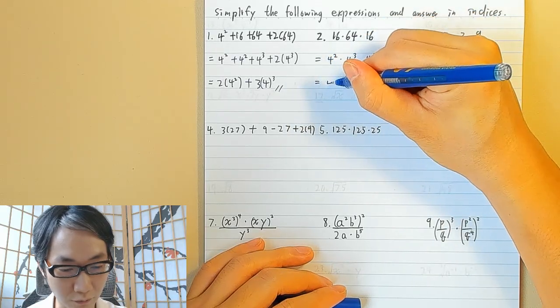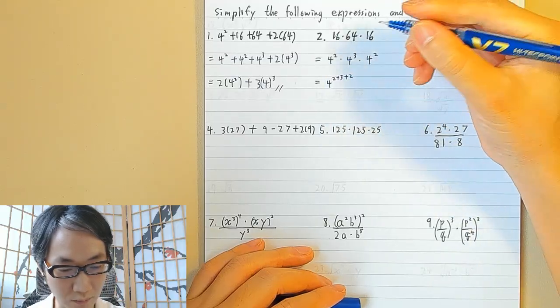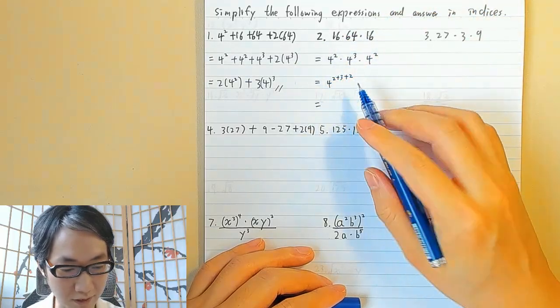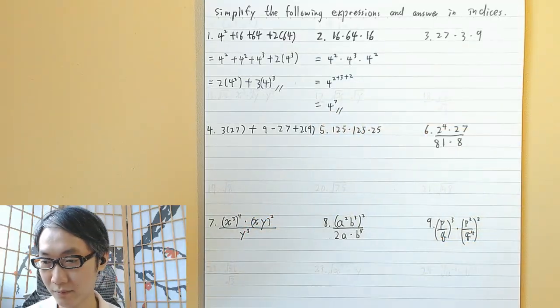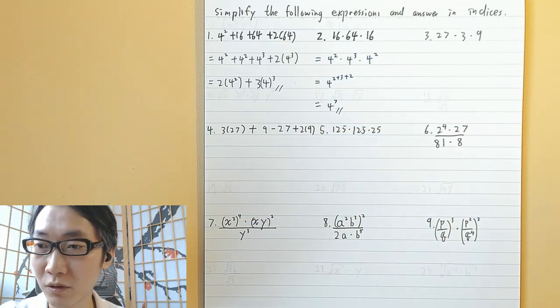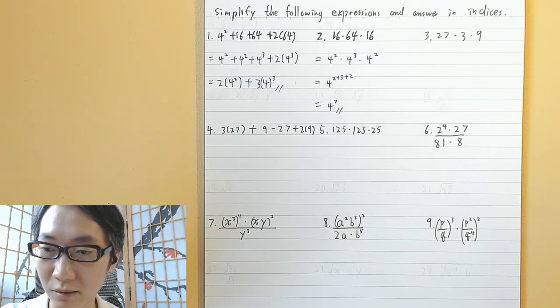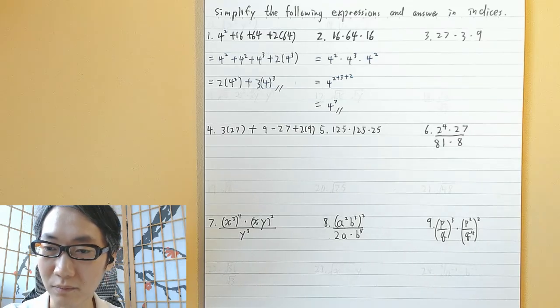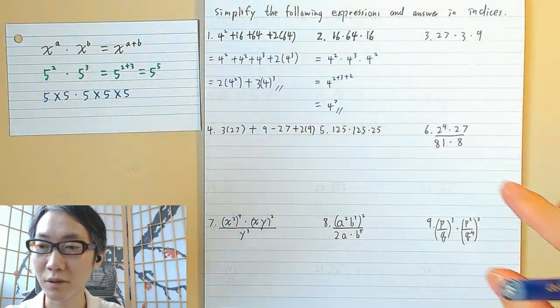So 2 plus 3 plus 2 is 7. So 4 to the power of 7. Okay. So we're recalling the addition rule from last time.